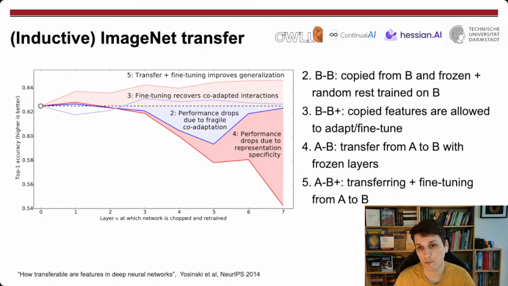And maybe not so surprisingly, this is the light blue curve that you see here, which is very close to the dashed black line, where essentially the co-adapted interactions that we just talked about, which can harm, are now recovered. So you get back to the state that you would expect from just having trained on B itself. So this is more of a consistency experiment.